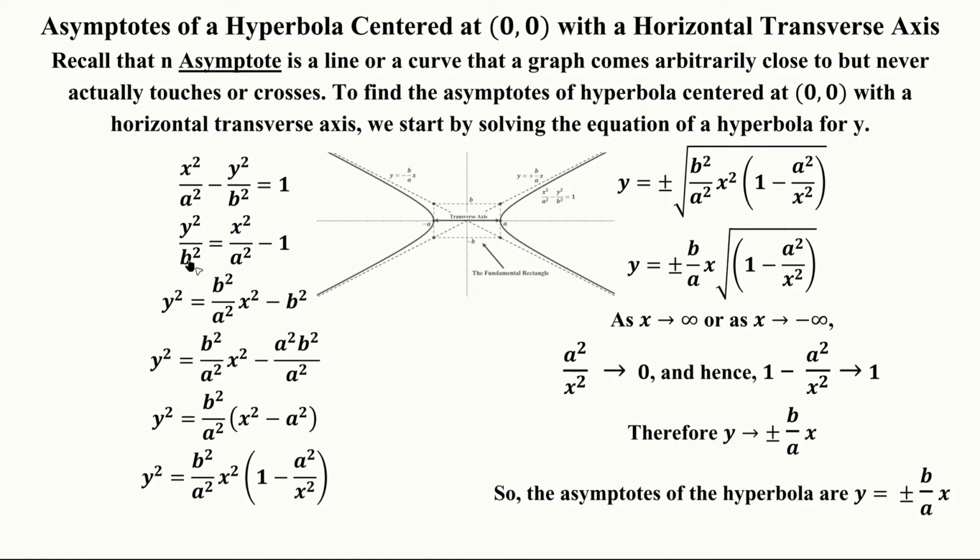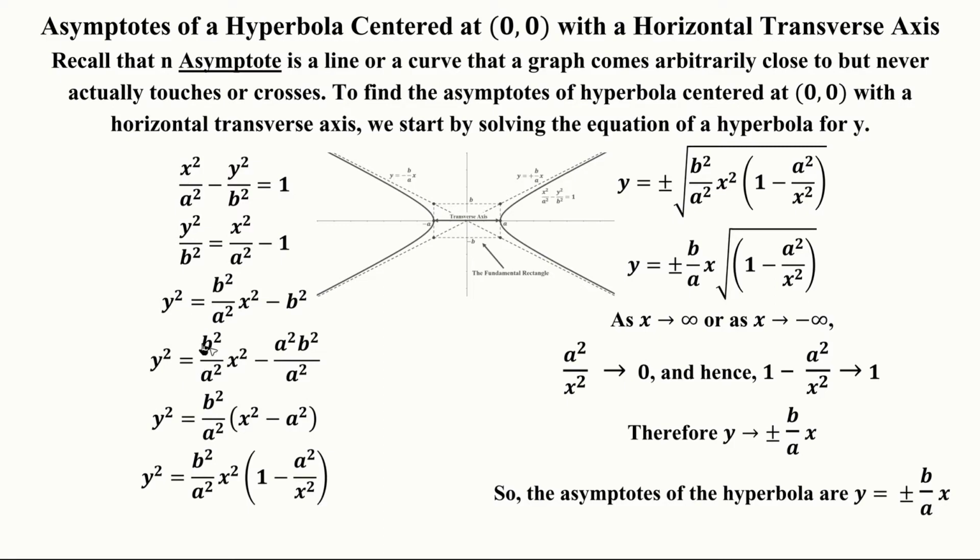So what we'll do now is multiply both sides by b squared, and we end up with y squared equals b squared over a squared x squared minus b squared, right? We're just multiplying both sides by b squared.